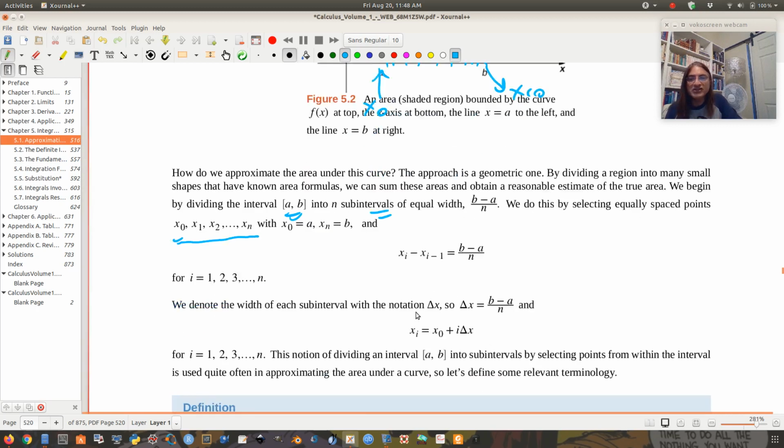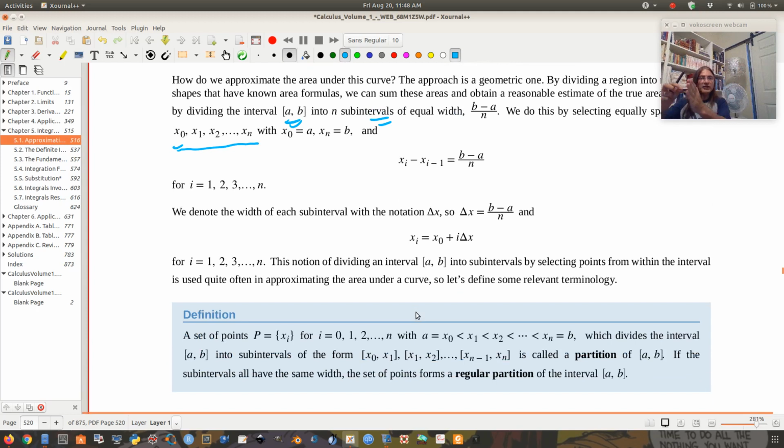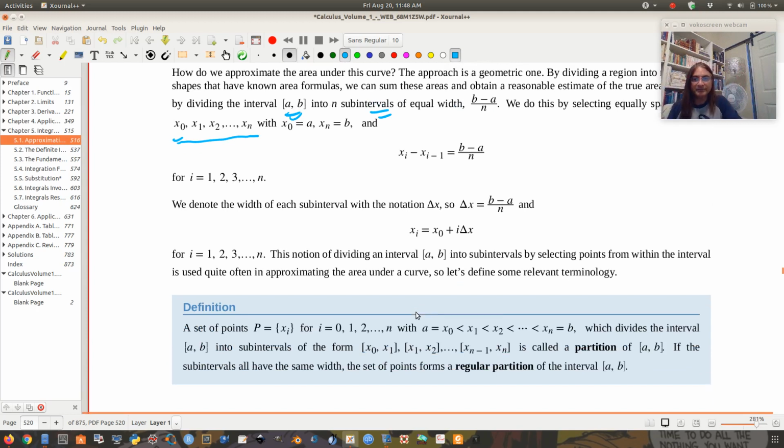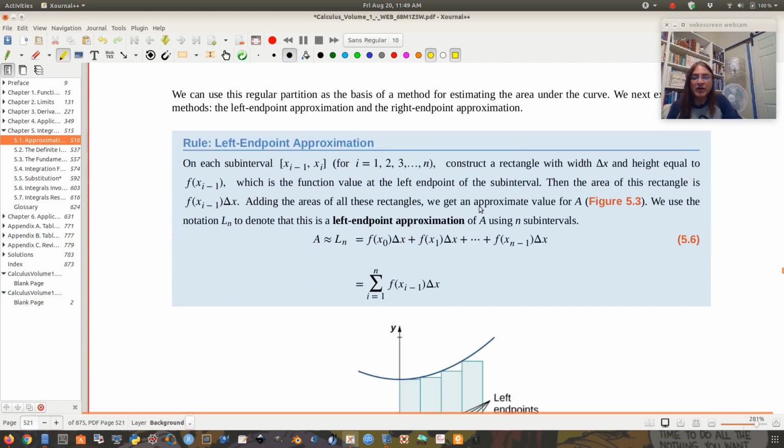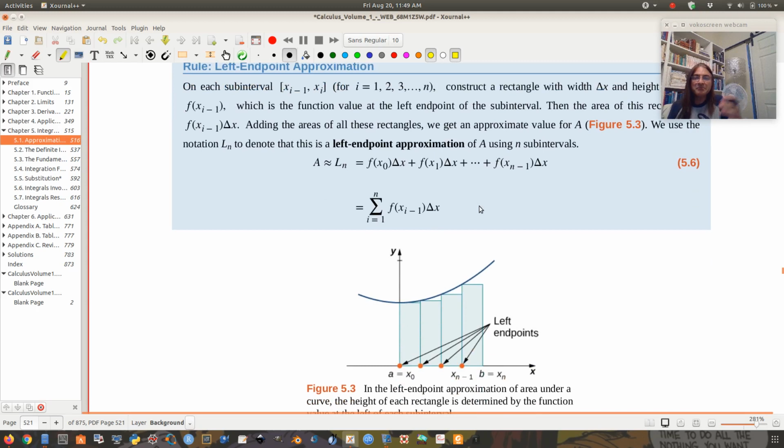These are the points we get by dividing the interval into an equal number of parts. These subintervals are called the partition of the interval a to b. If we divide it into equal intervals of the same width, we call it a regular partition of the interval a to b. We can approximate the area in many different ways.